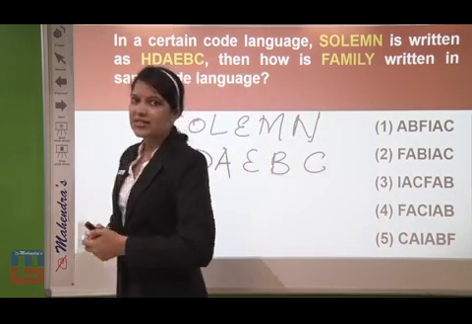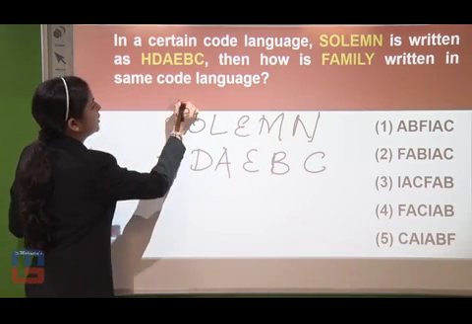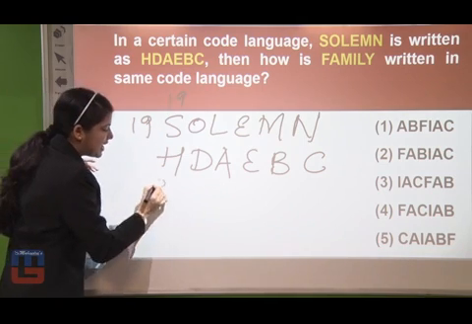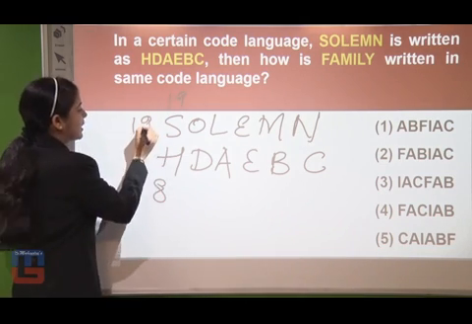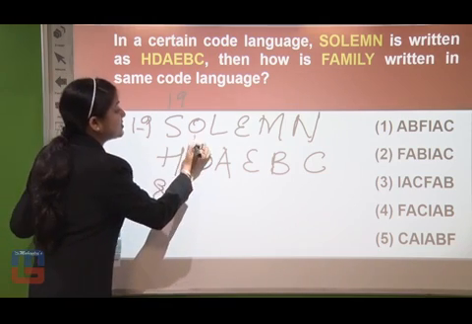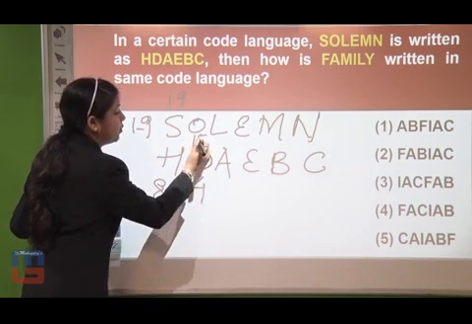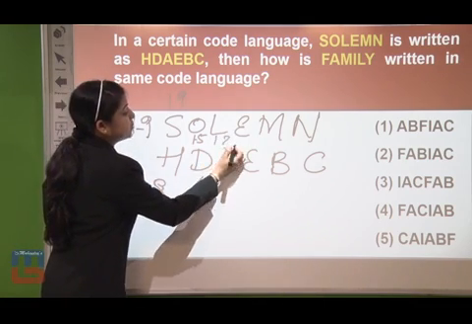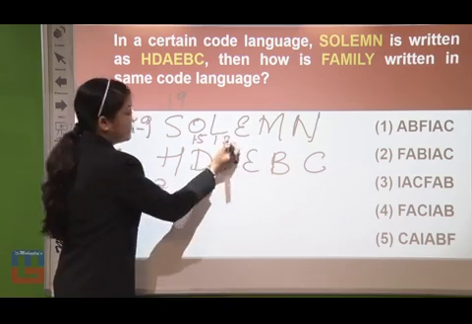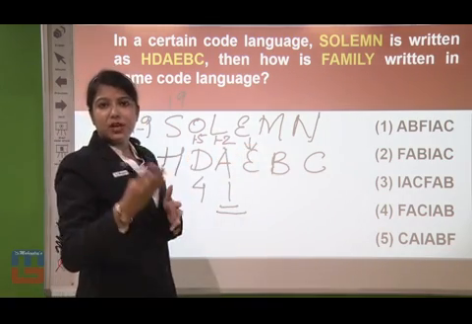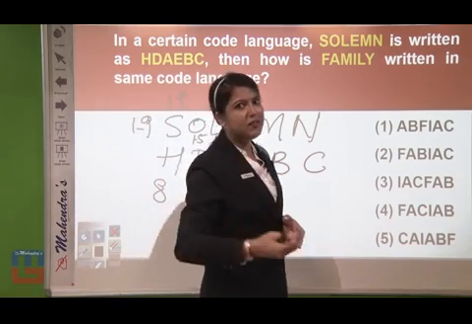So coming to the place value part, what is happening here is S place value 19, H place value 8. We can determine this by subtracting, 1 minus 9 gives 8. Now O's place value 15, G's place value 4, 1 minus 5 will give us 4. Then L's place value 12, A's place value 1, 1 minus 2 will give us 1. E is the same repeated E, because for a single letter place value, how will it be subtracted?